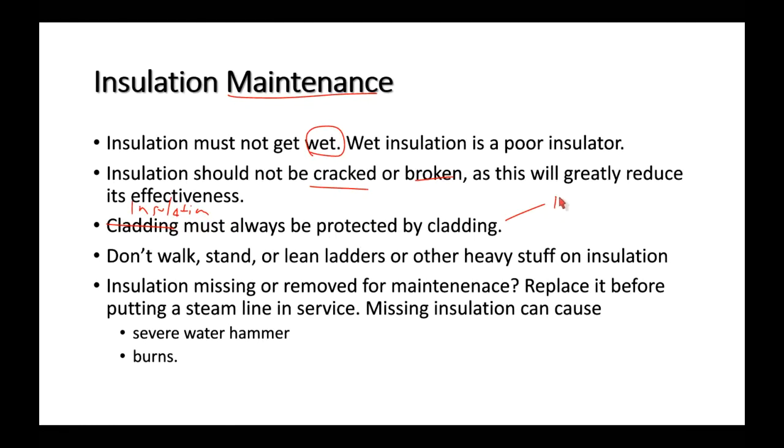And the cladding could be metal cladding, and you've seen that. And you've also seen fabric like canvas. The steam lines, you don't see the exposed insulation in the lab. You see the insulation that has a canvas cladding that's been painted. So this is for protecting it from moisture or damage.